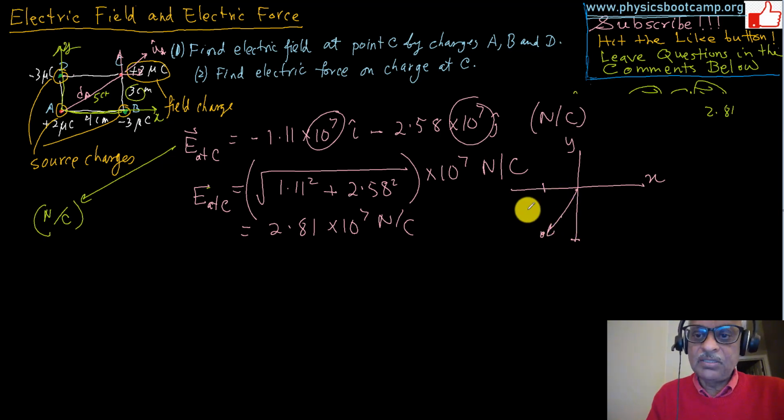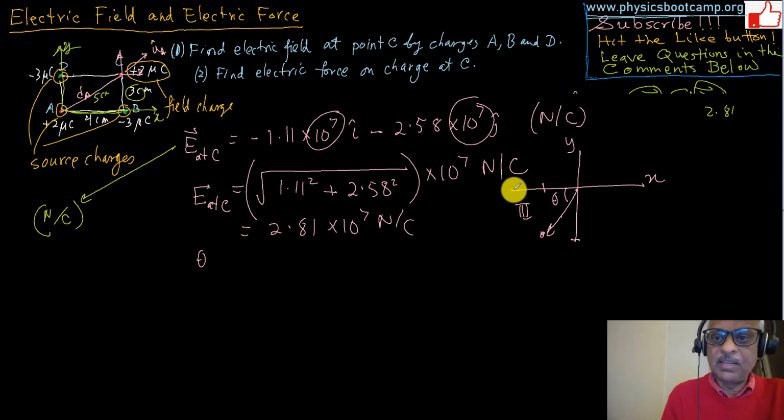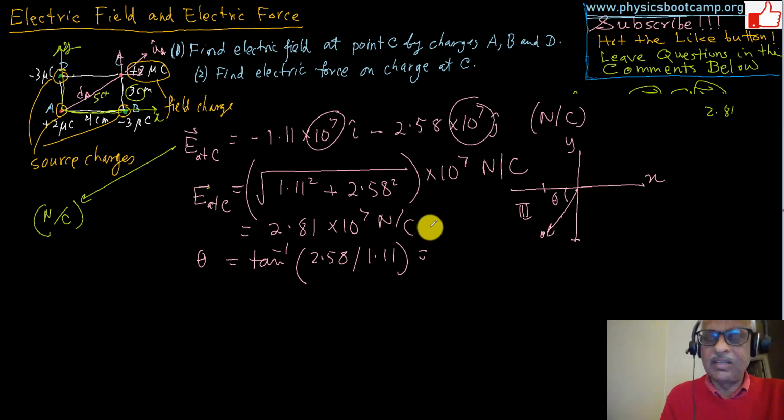And because this is in the third quadrant, we just get the angle theta from the negative x-axis when you do arctangent. So it's going to be 2.58 over 1.11. Because 10 to the 7 is common, it's going to cancel out. Let me work that one out.